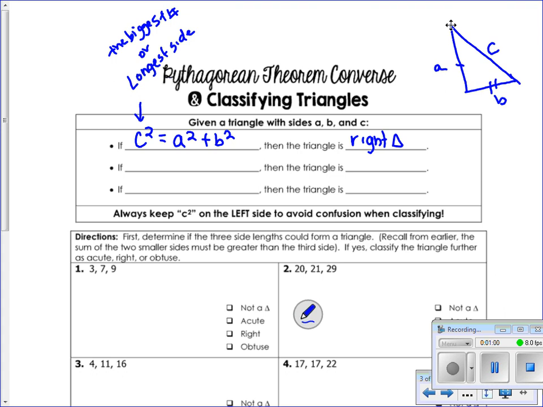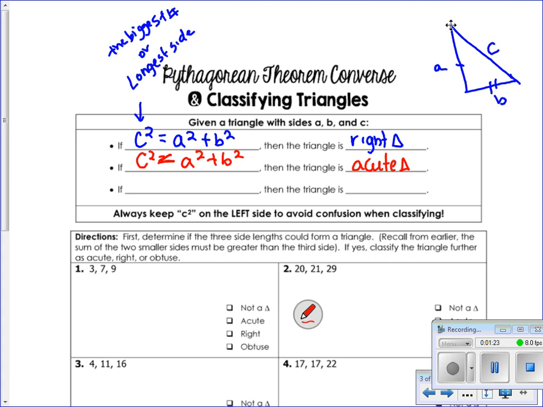Okay? So if it's an acute triangle, C squared is going to be less than A squared plus B squared. And how do you know which one's A or B? It doesn't matter.